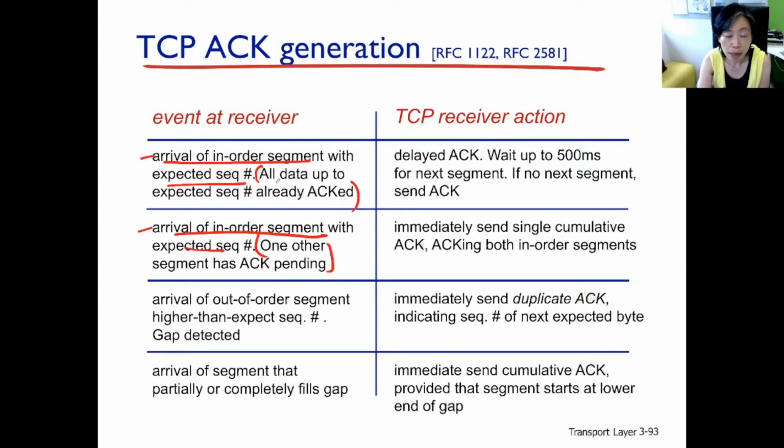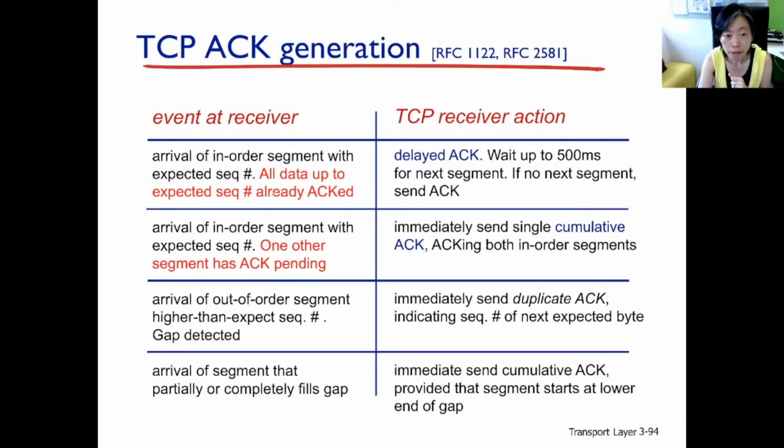So in event number 1, when all data up to the expected sequence number are already ACKed, then we do one thing. If one other segment has an ACK pending, meaning we should be sending an ACK out for that segment but we haven't sent it out yet, then we do this. Now, some of you might have guessed: yes, TCP's receiver here is trying to send one ACK packet per 2 data packets received.